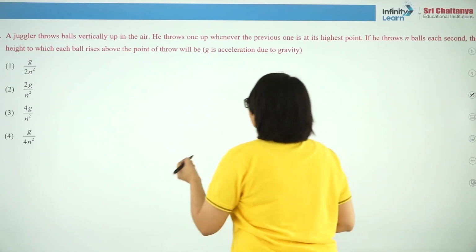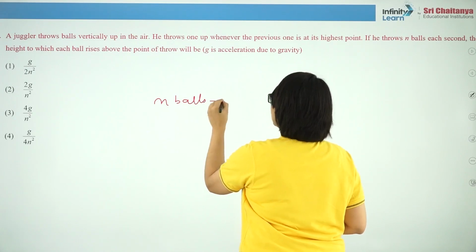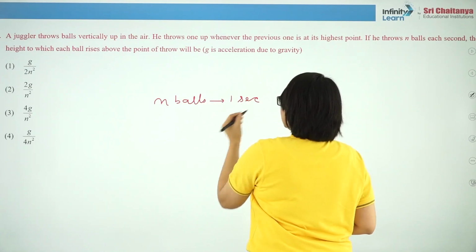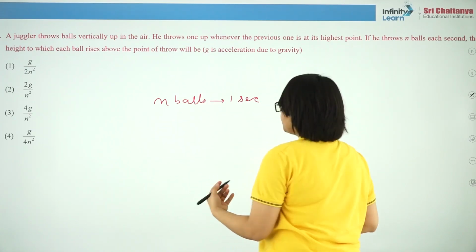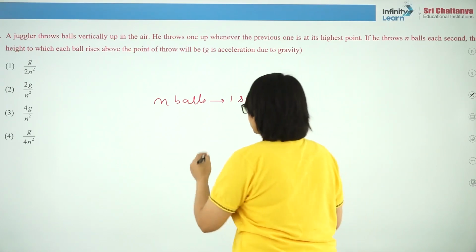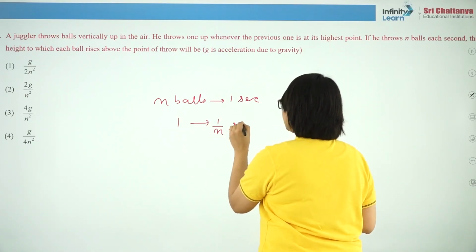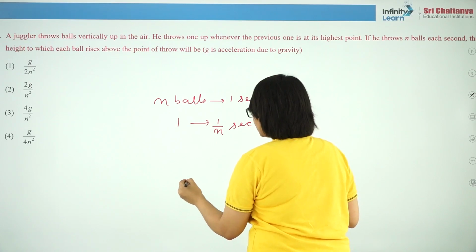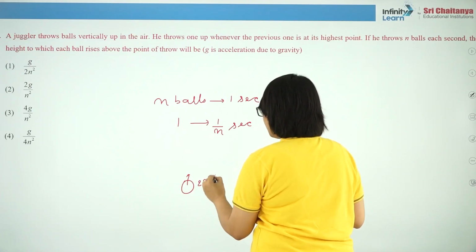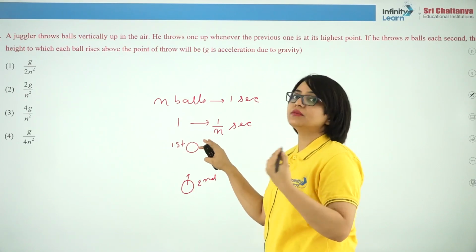So, it is given that the juggler throws n balls in 1 second. So, what is the duration between two balls? If he is throwing n balls in 1 second, that means the time duration between two balls is 1 upon n second.